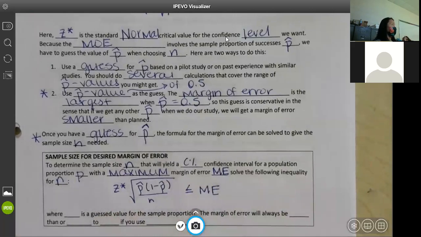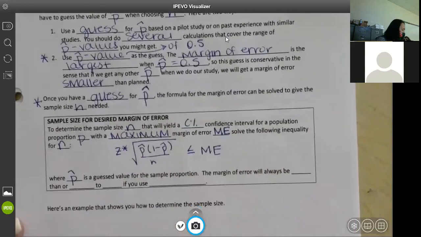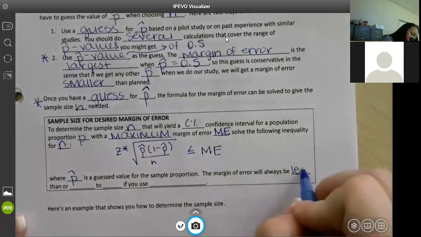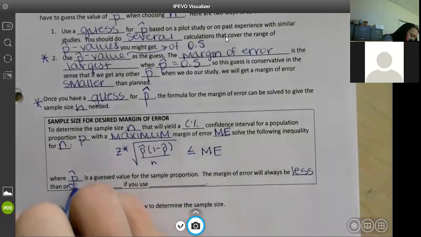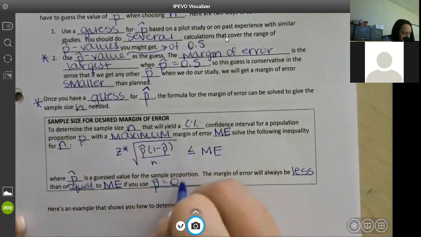It is basic algebra 1, okay? It just looks complicated with all the craziness in there, all right? Where p hat is a guessed value for the sample proportion, the margin of error will always be less than or equal to ME, the margin of error, if you use p hat equal to 0.5.